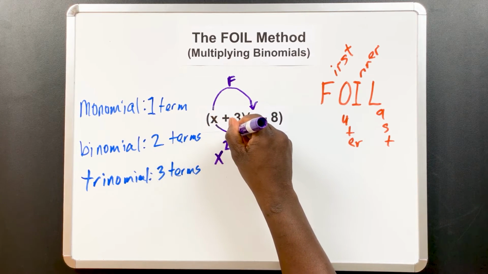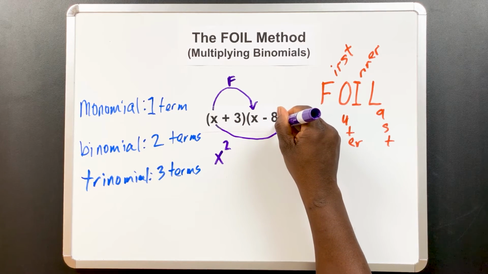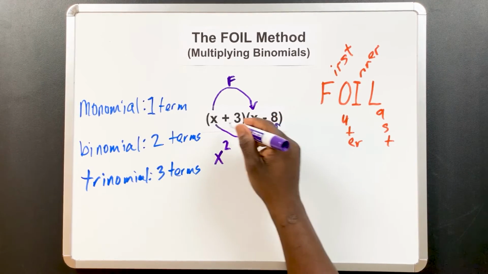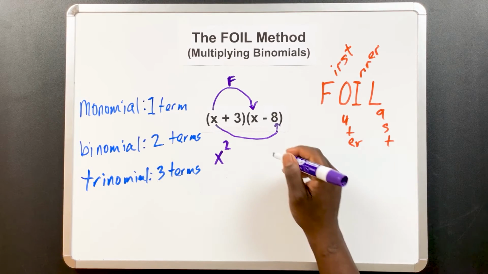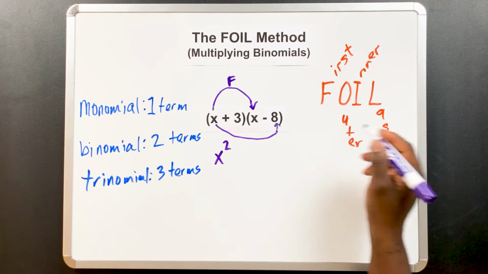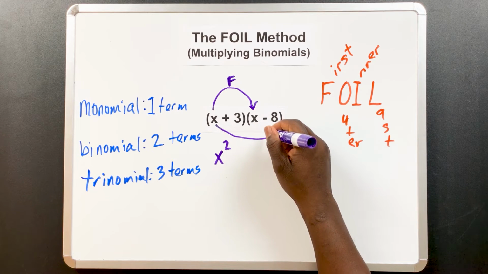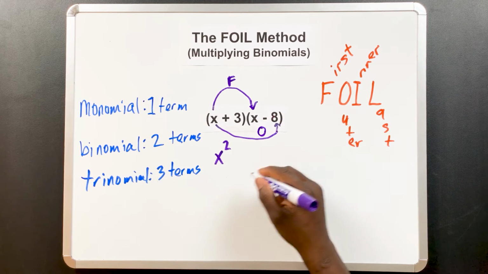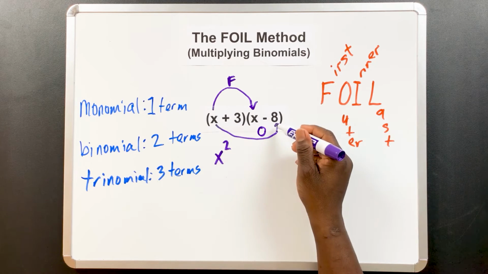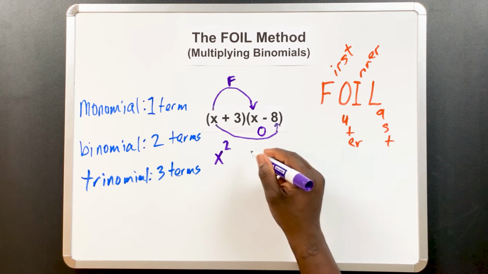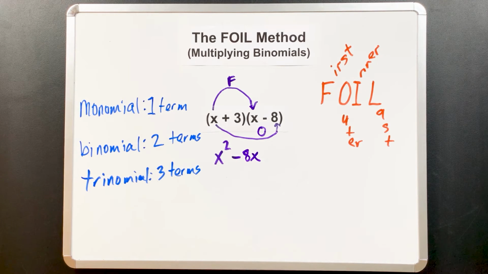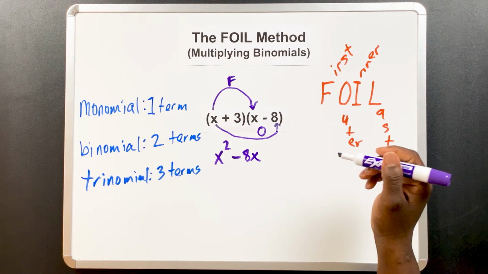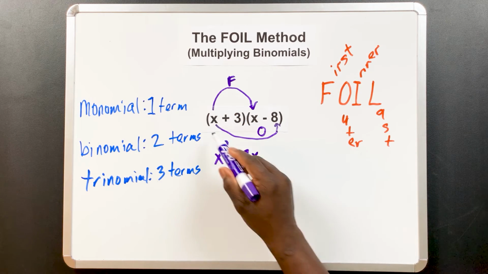When we multiply x times, that's x times a negative 8, if you will, then that is our outer, so I'm going to put an O right there. So x times negative 8, that's negative 8x. So we got our first, we got our outer.